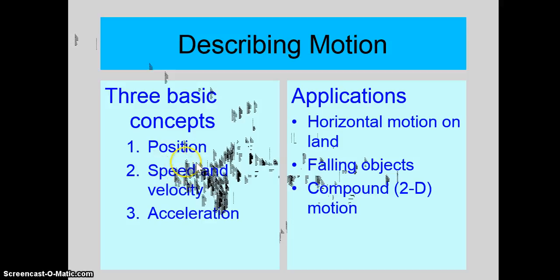But speed, I might as well say it right now, is what we would call a scalar quantity, a quantity that only requires magnitude. Velocity is what we would call a vector quantity in physics, and so velocity requires not only magnitude but also direction.